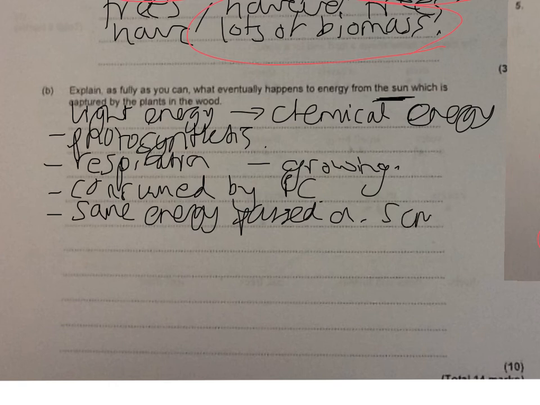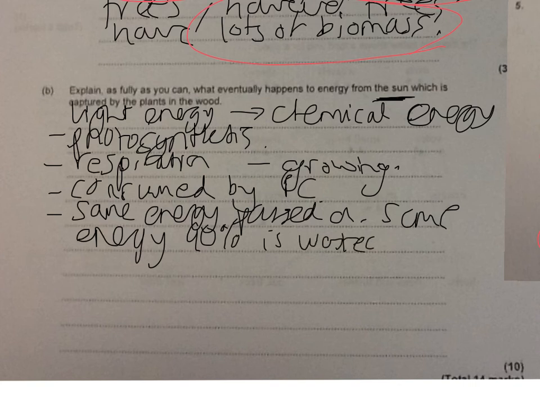So some energy, around about 90%, is wasted. Okay, and those are through all of your normal body functions. So once again, you could talk about respiration in your animals, growth, movement, anything that requires energy.